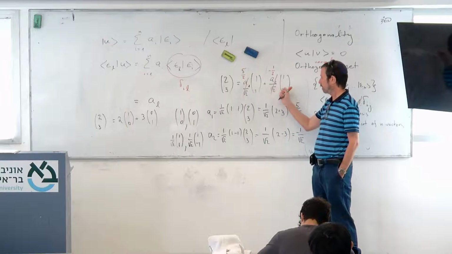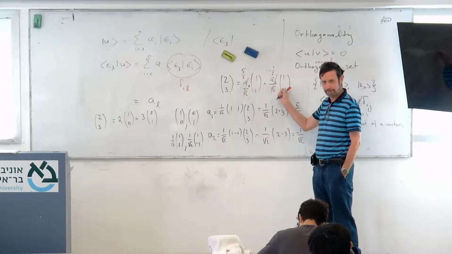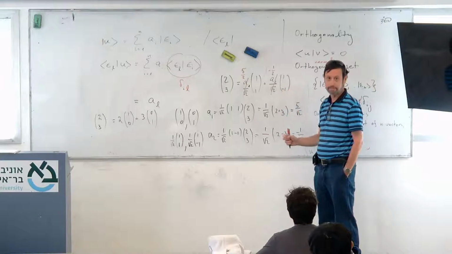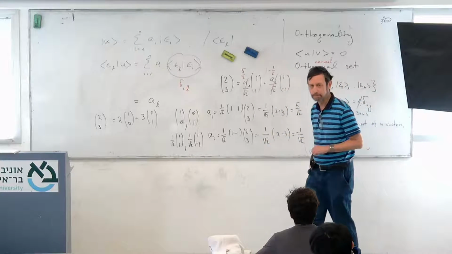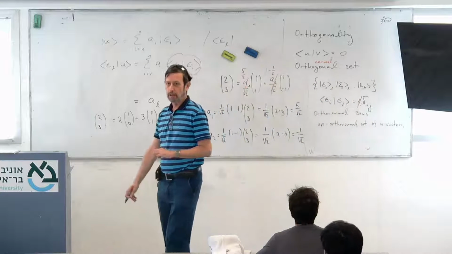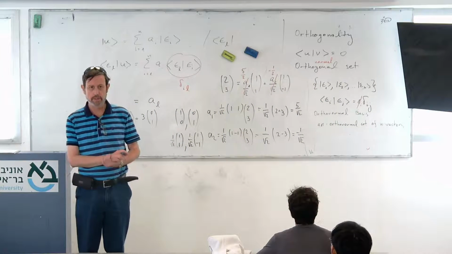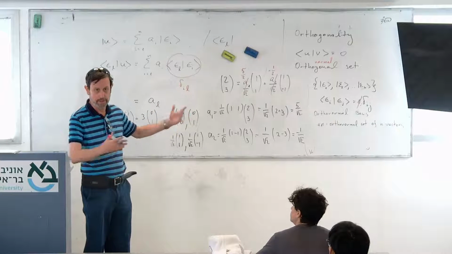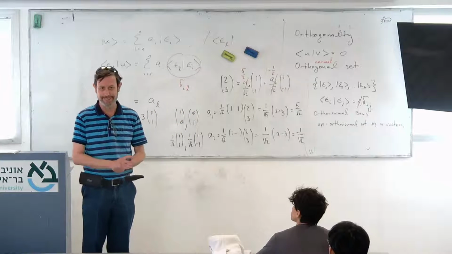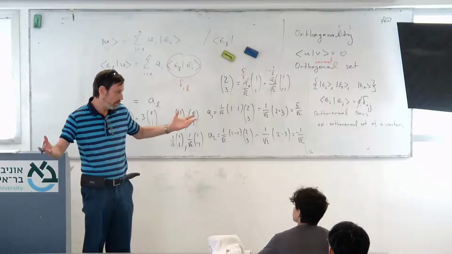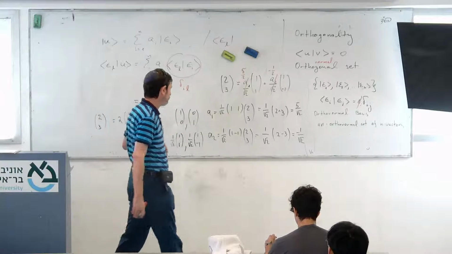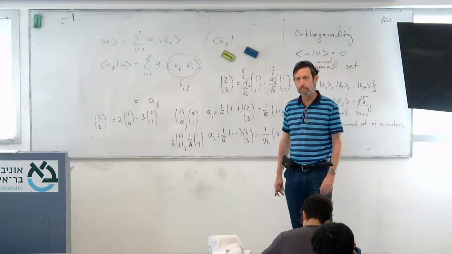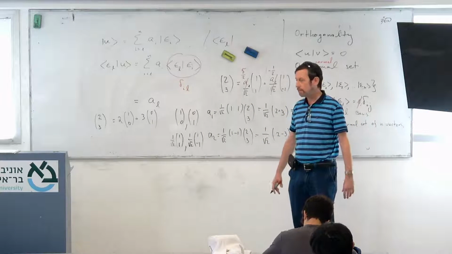Five halves times minus 1 times minus a half is 3. Okay, so this is a bit of algebra. I think this form is easier than solving the linear equations, but at the end of the day, it's the same.